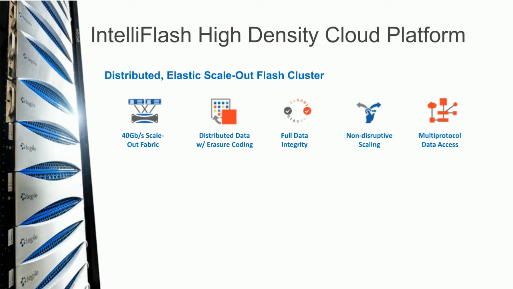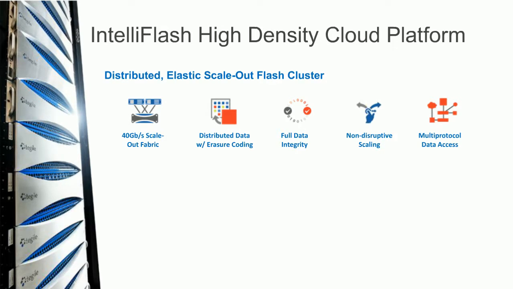So you've got this distributed, elastic, scale-out flash cluster with all of what I'll call the enterprise capabilities you're used to in enterprise class storage systems in terms of high availability, multi-pathing, and multi-protocol access across both block and file protocols.